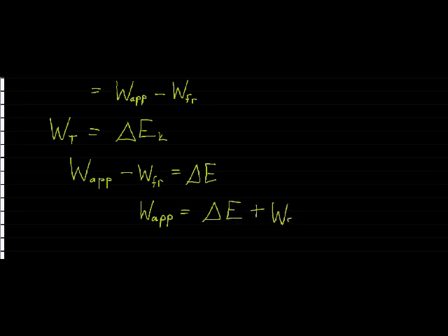And I see, well, the total work that these two do can be calculated by looking at how their kinetic energy changes, because some of the work that they do goes into accelerating their car, and some of the other work that they do gets lost due to friction.